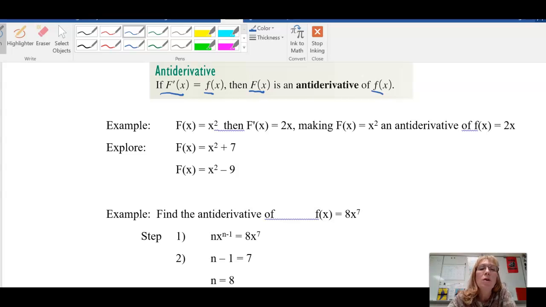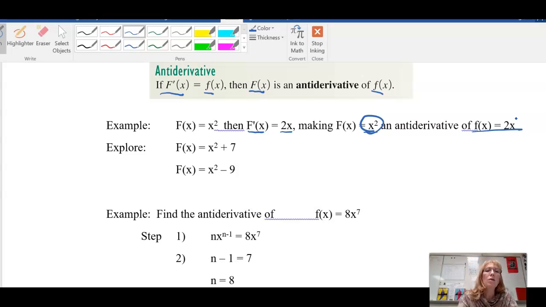If F of x equals x squared, then the derivative is 2x. That makes x squared an antiderivative of 2x. So the antiderivative of 2x is x squared.